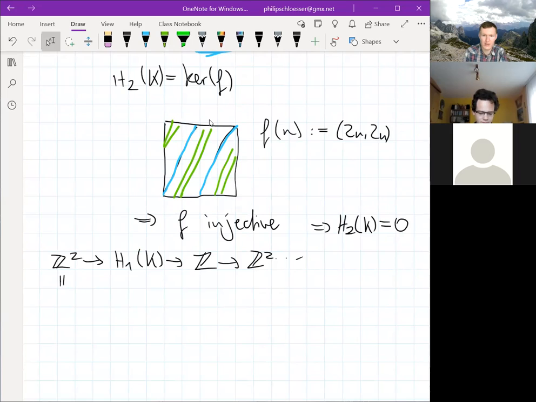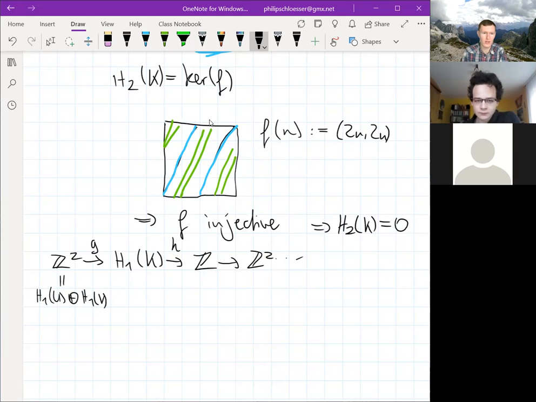So this one was the first homology group of U and the first homology group of V. We call this map G and this map H, and that was just the zeroth homology group.